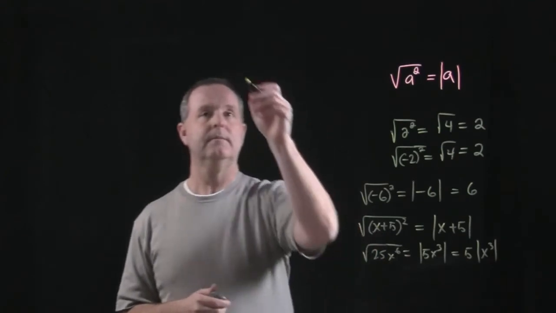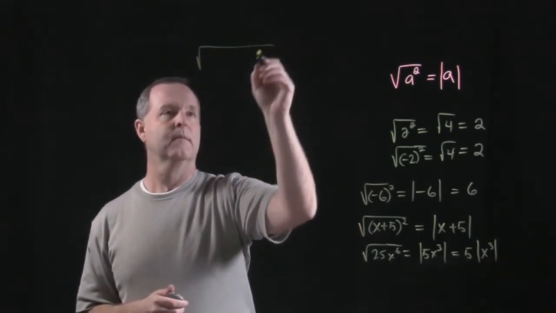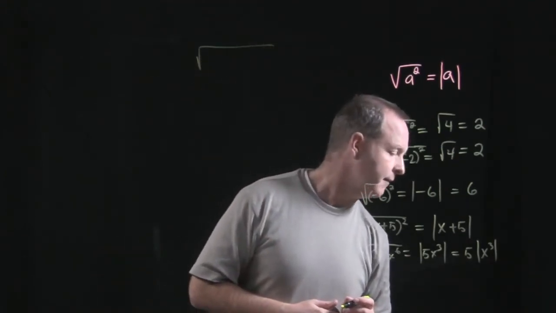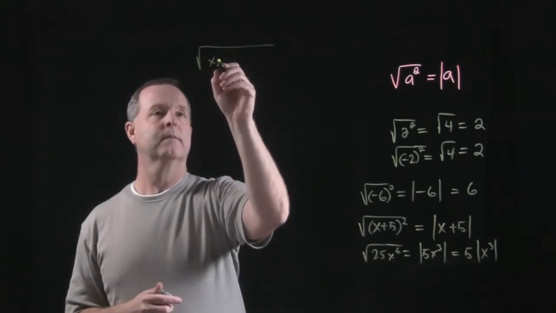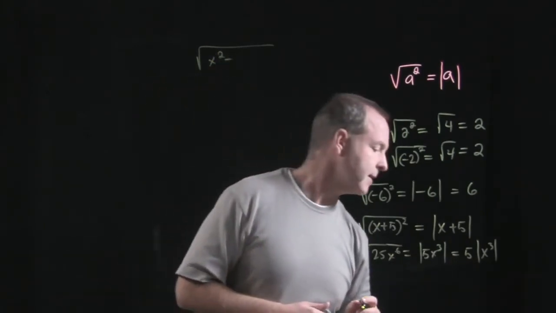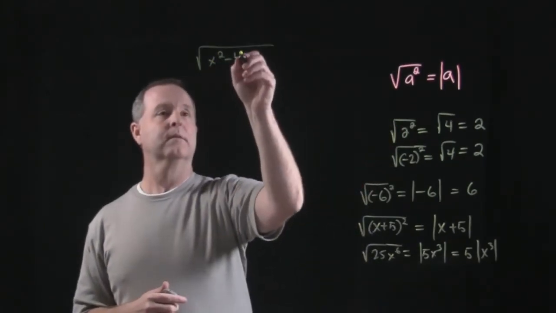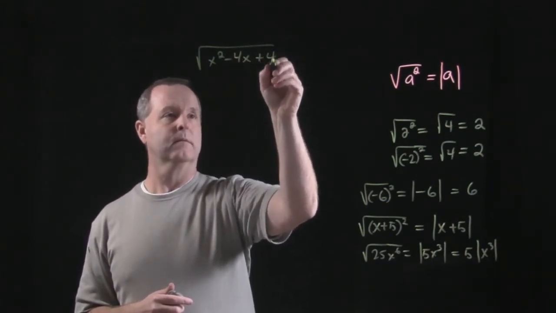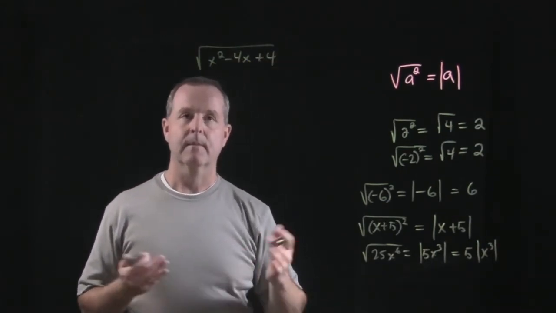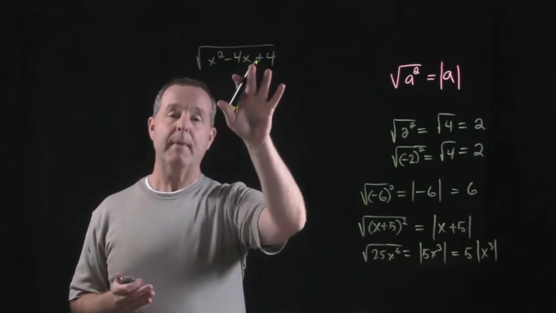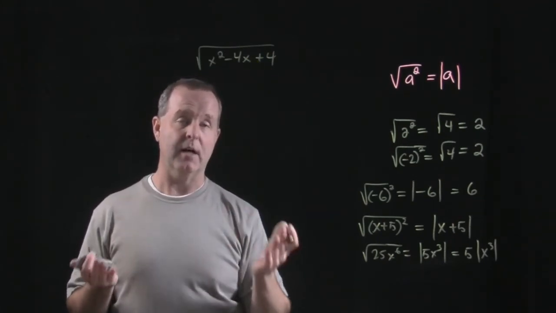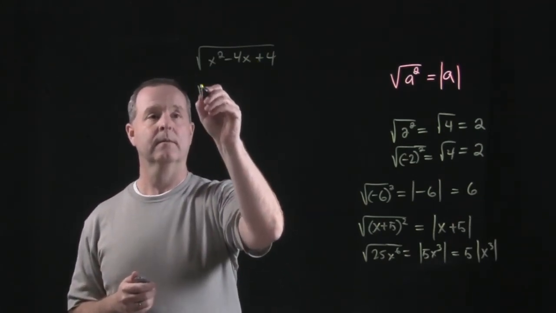Lastly, say I have the square root of x squared minus 4x plus 4. What can we do with that? Well, we might recognize that as a perfect square trinomial.